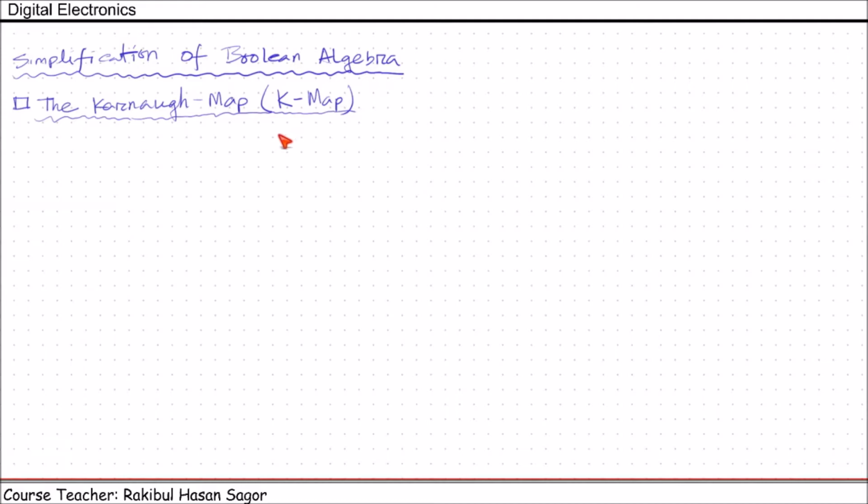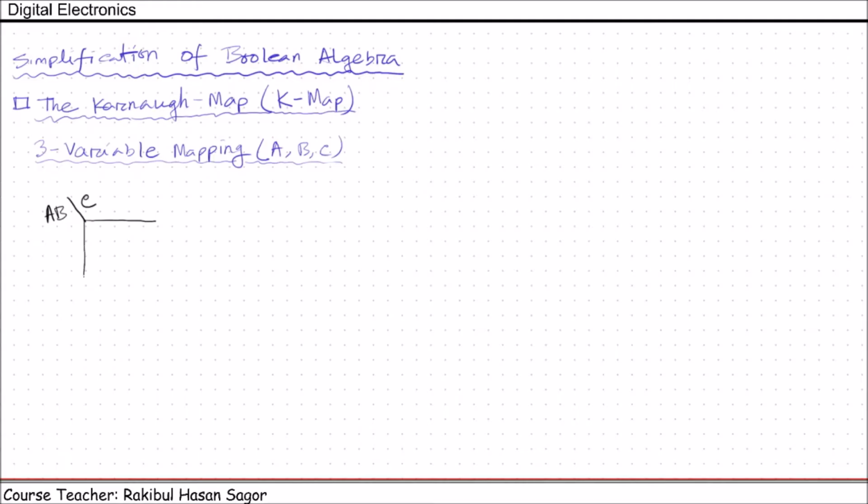First of all, let us see the mapping process for different numbers of variables. First, let us see 3 variable mapping. Suppose we have 3 variables A, B, C. We can have 2 variables on one side and 1 variable on another side.